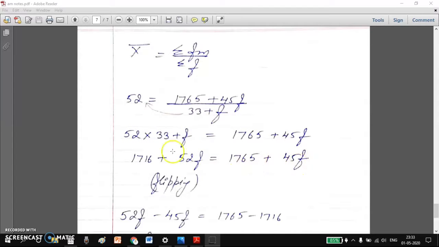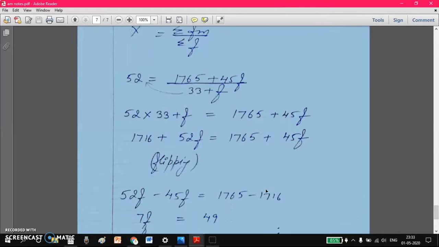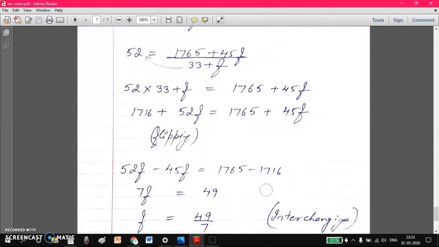Now the equation is equal on both sides. Fine. We'll flip it again. We'll flip the things. We'll collect both f's together, like 52 minus 45.